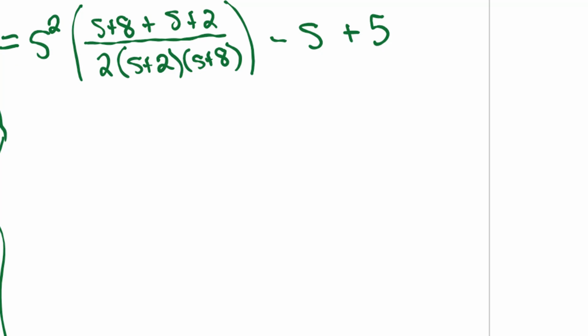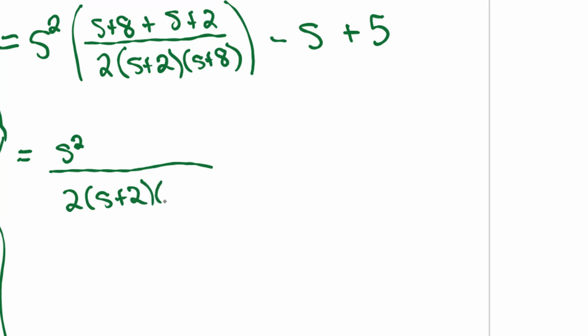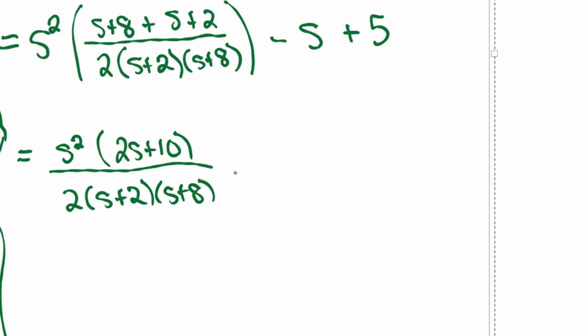Okay. So I'm just going to make this one big fraction. So I'd have 2s plus 10. I am going to get everything over the common denominator.